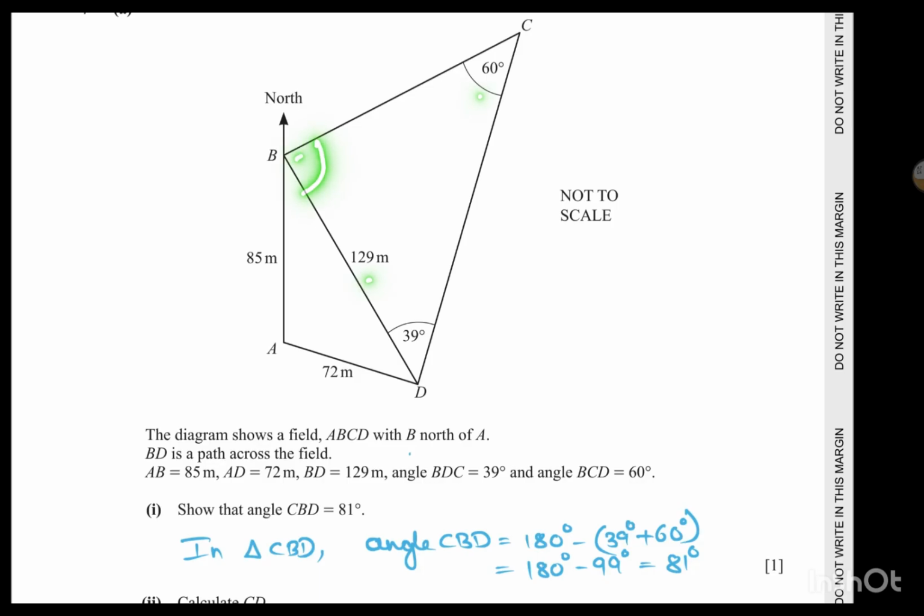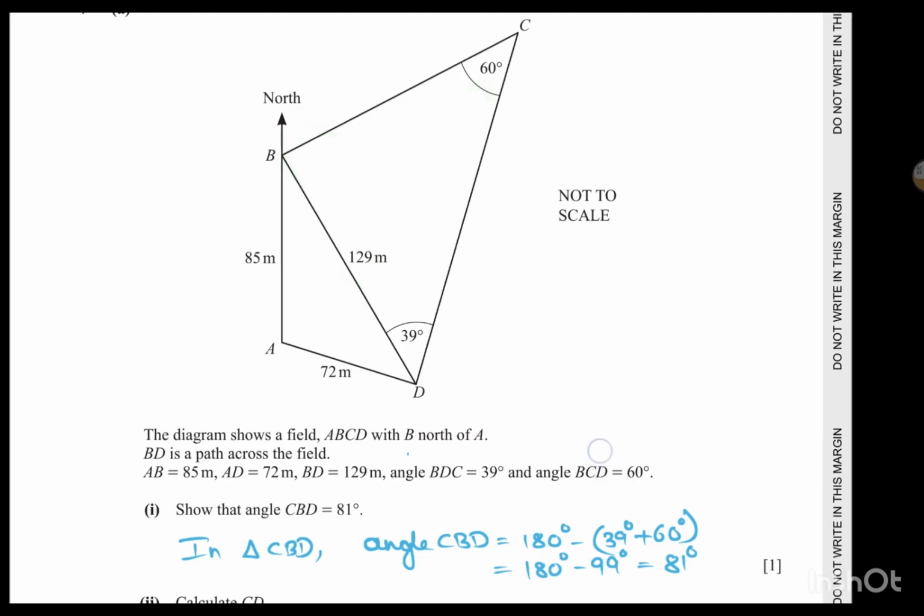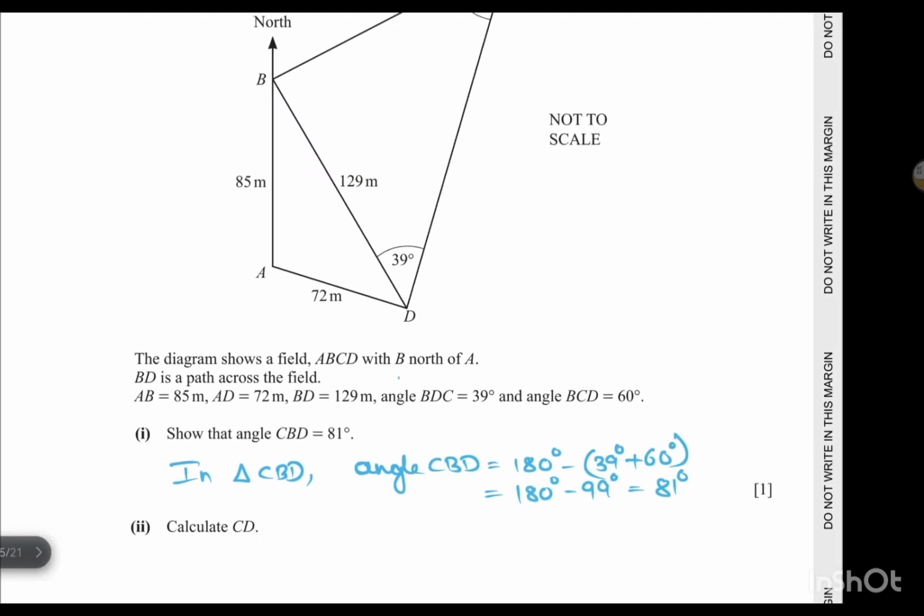So sine 81 by CD is equal to sine 60 by 129, because 129 is opposite to 60 degrees.